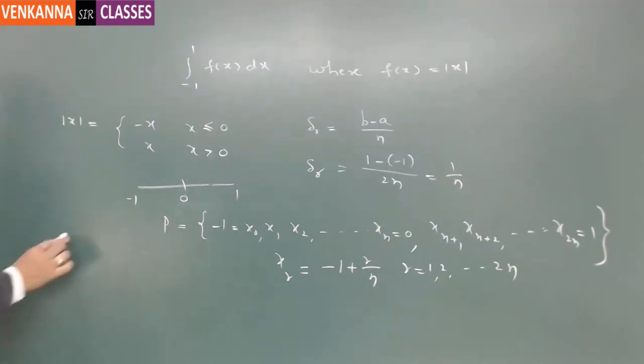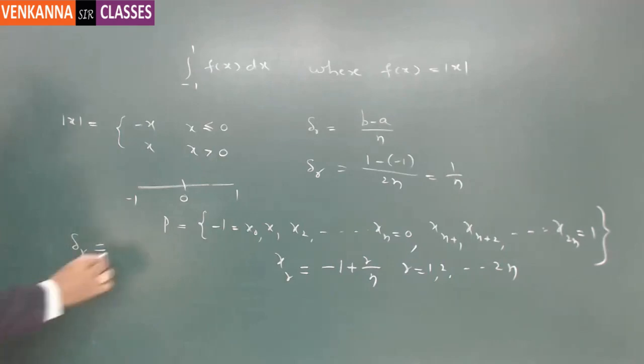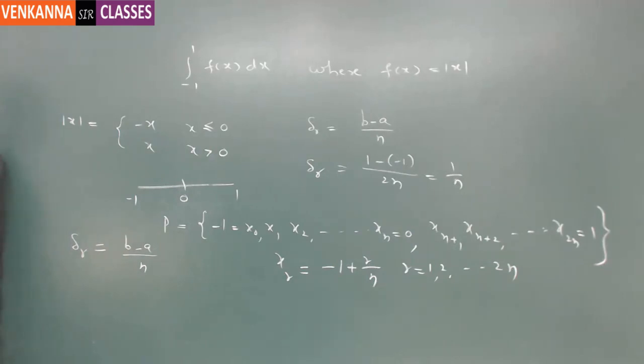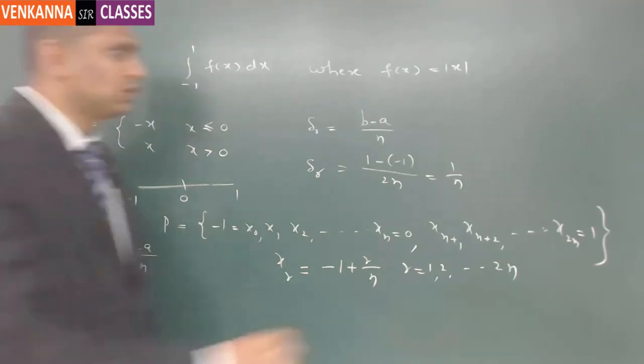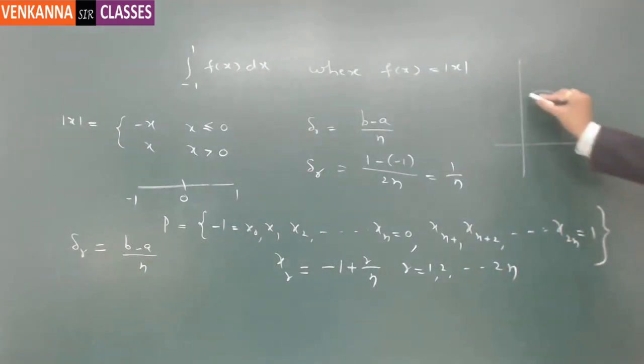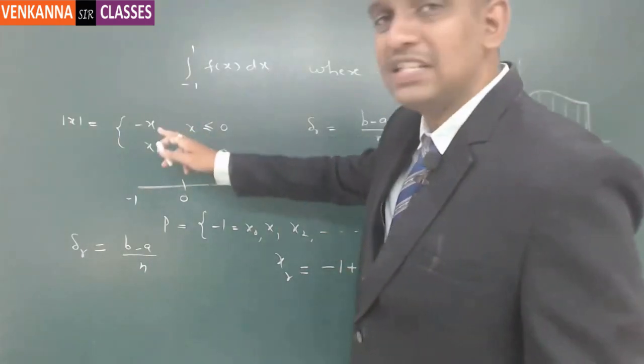Actually, we calculate delta r as b minus a by n, nothing but the range is bifurcated into n equal segments, isn't it? Why are we making n equal segments? If you consider the graph throughout varying in this way, the function is not changing at all. So from this part to this part, you make n equal parts. Now here, the function value is changing.